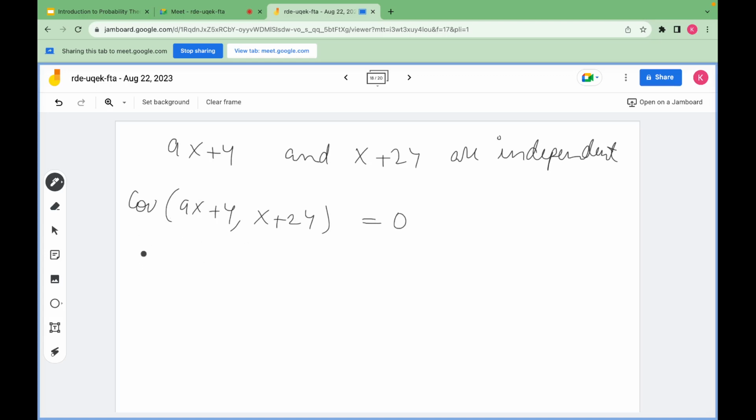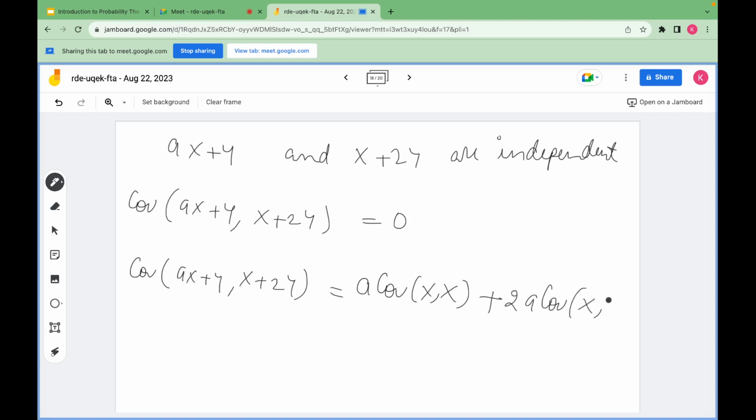So we can write the covariance of ax plus y comma x plus 2y. For the first element it will be a into covariance of x comma x, plus 2a into covariance of x comma y. We are just taking covariance for each element.